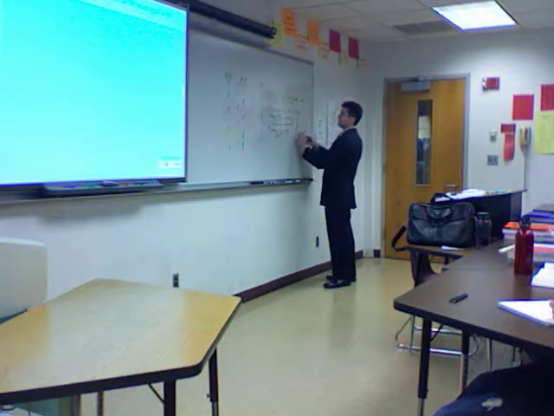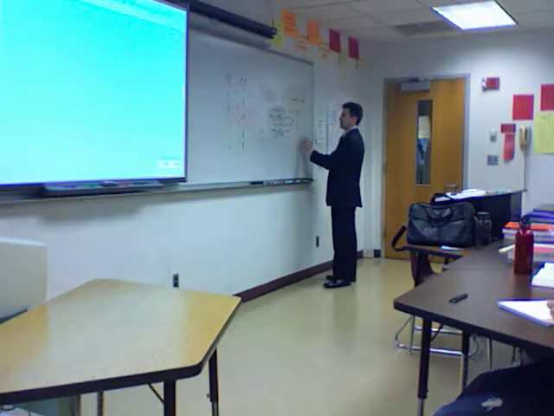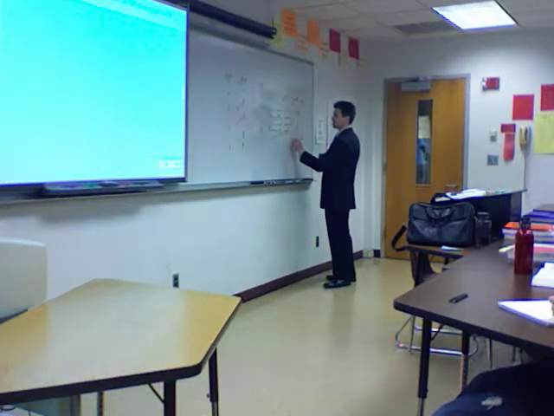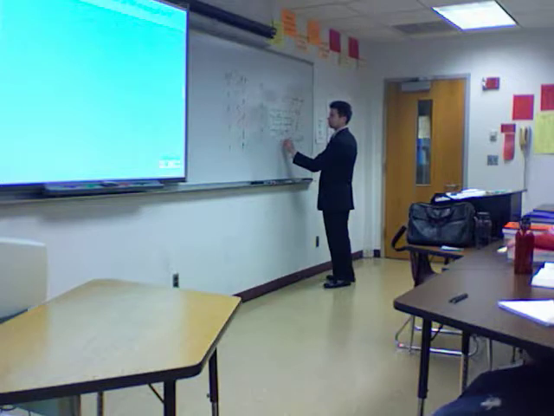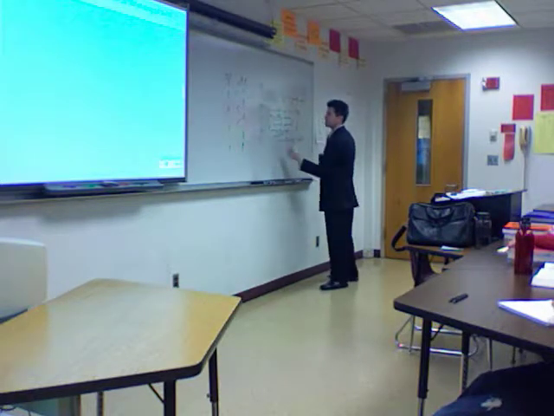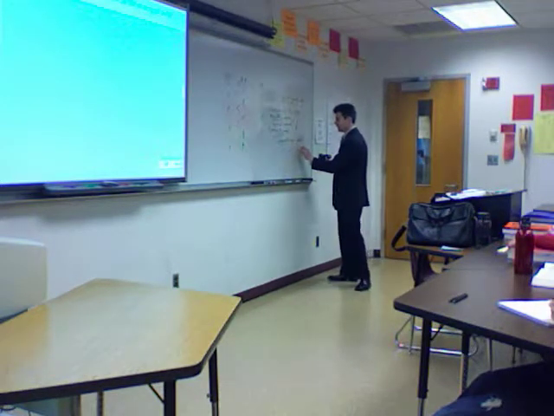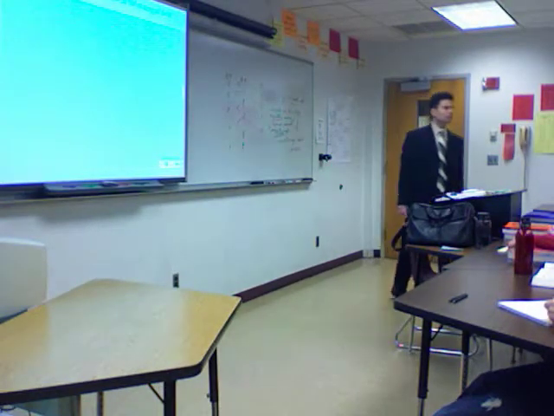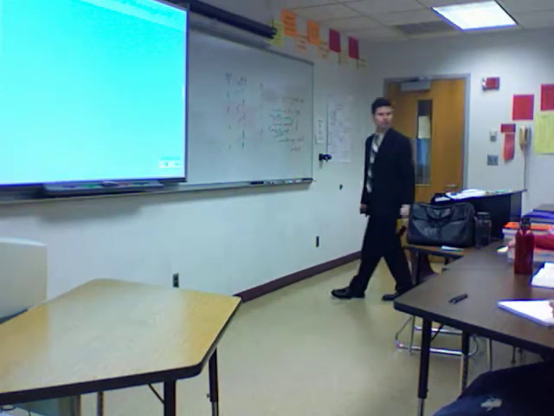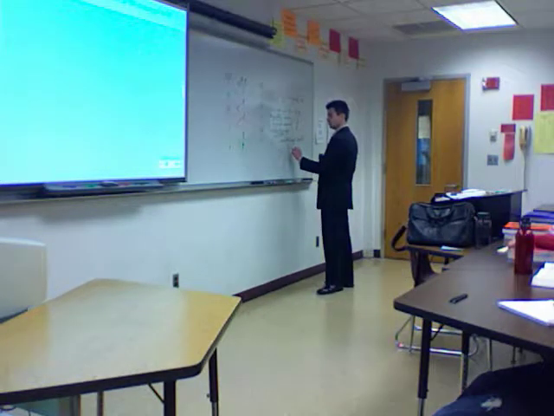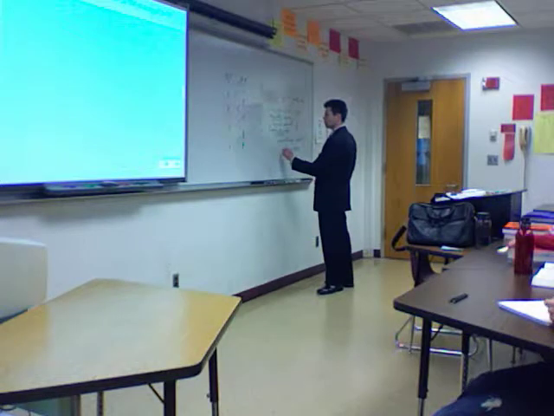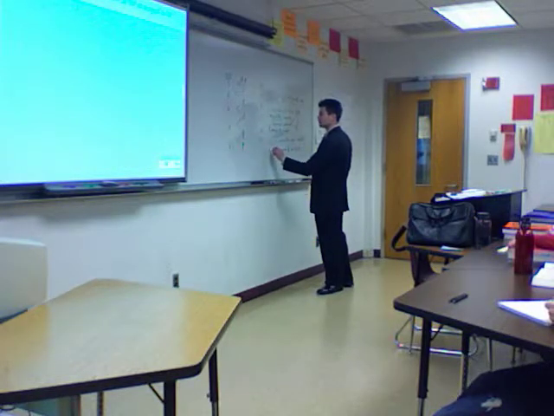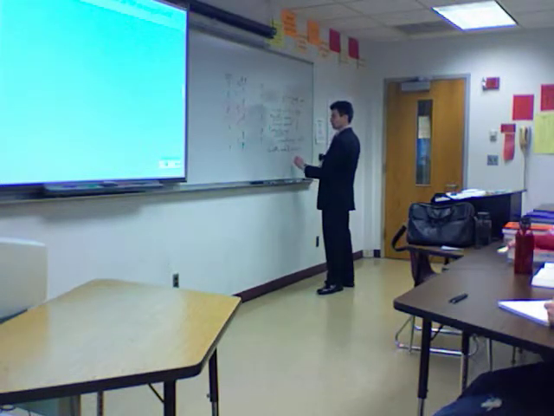So what happens to MP after specialization? David, what happens to marginal product after specialization? Why does it decrease? You have less efficiency, and why do we have less efficiency? You have more people doing jobs they shouldn't be doing.